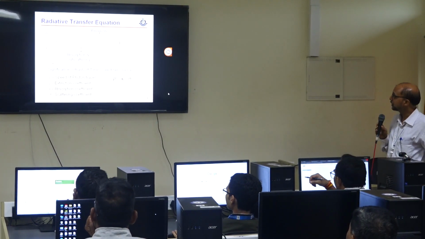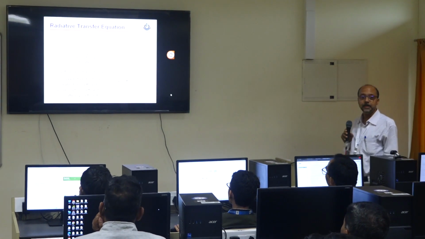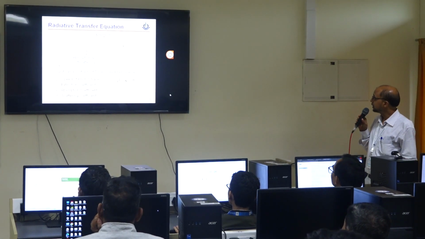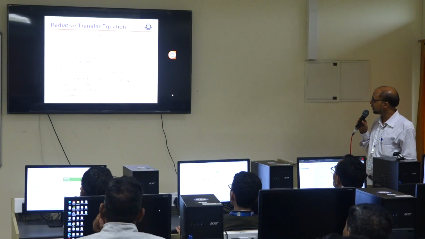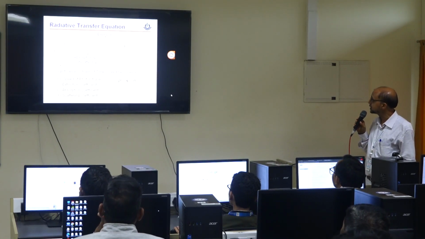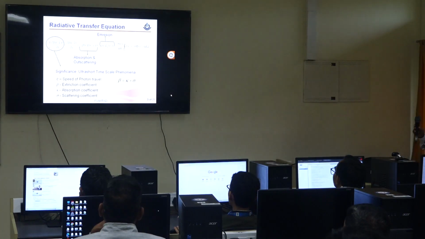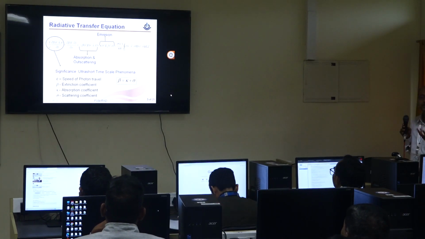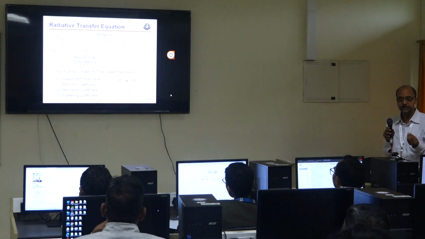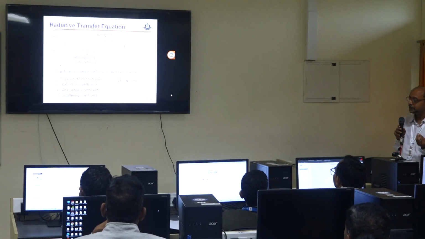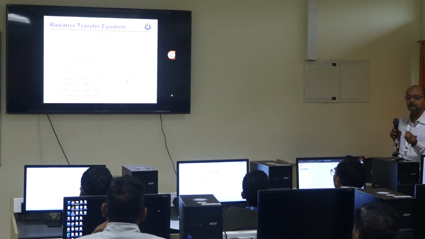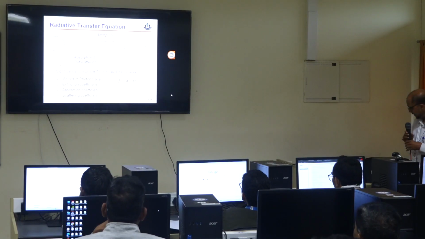Another is the emission, because sometimes the medium may emit also. The emission is an augmentation term, so that's why it is prefixed with plus. And this emission is based on the temperature of the medium. Any temperature above absolute 0 Kelvin, the medium is ready to emit, right?